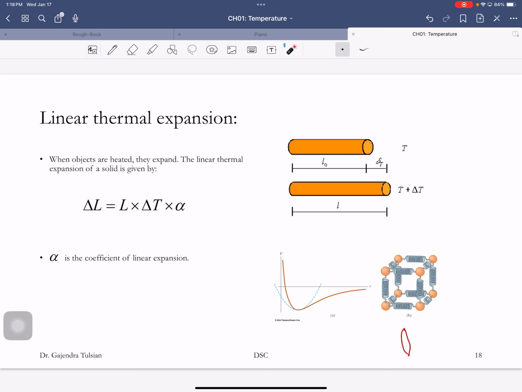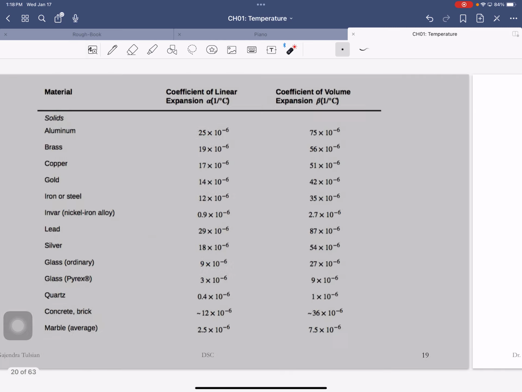Why do you care about that? You build buildings out of aluminum, and if there's an extremely hot day and the temperature rises, you don't want the aluminum structure of your building to snap because the rod's going to expand.